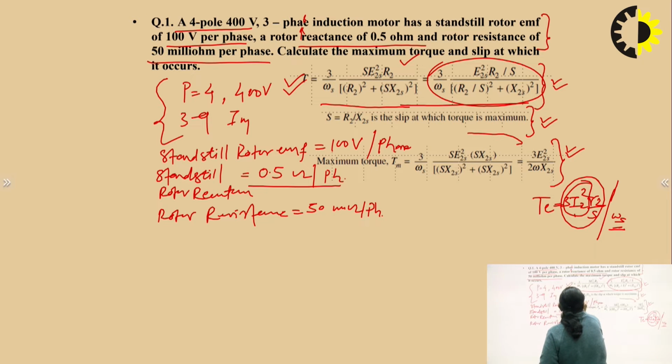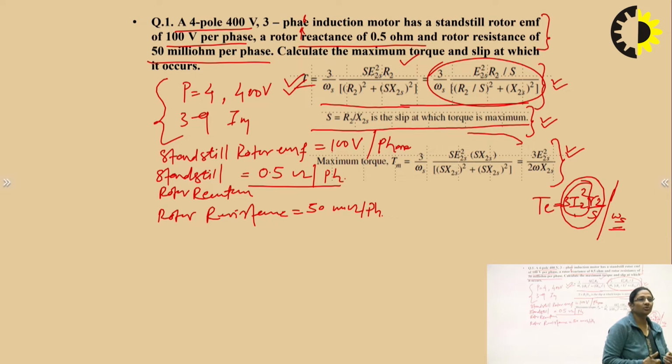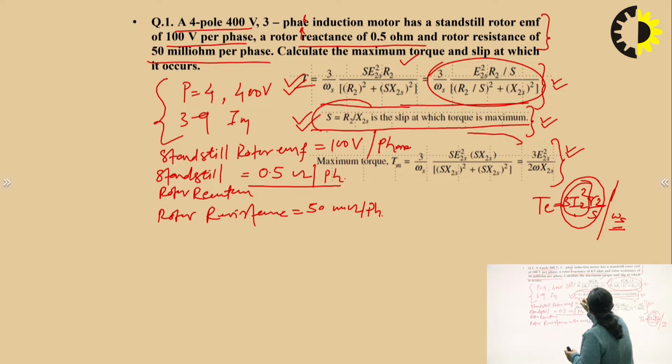Now, to obtain the condition for maximum torque, we have to differentiate this equation with respect to the only variable present in the equation, which is the operating slip S of the machine. So with respect to operating slip S, if you differentiate it and equate to 0, you will find the condition for maximum torque developed by the motor. It is S equals R2 by X2S.